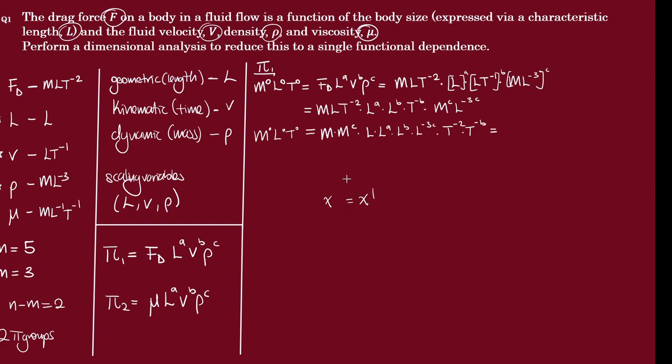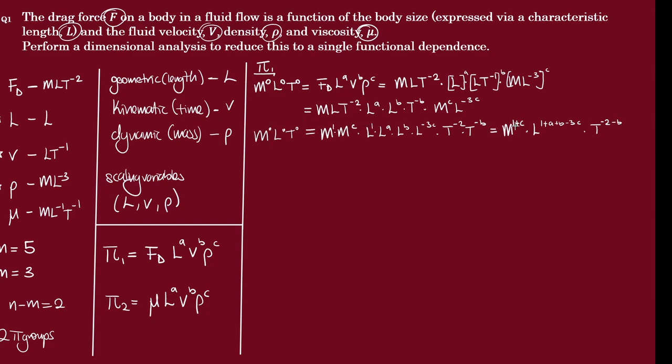Okay, so it's important you remember that, so you don't ignore the single indices when you're performing your simplification. So if we were to reduce this down, it's going to be M raised to power 1 plus c, times L raised to power 1 plus a plus b minus 3c, multiplied by T raised to power negative 2 minus b. Okay, and there we have it.